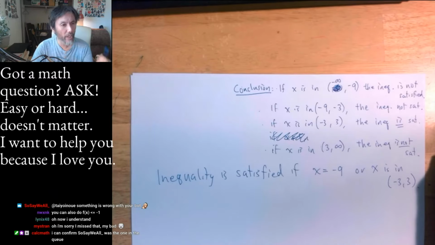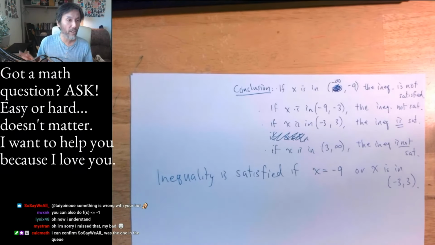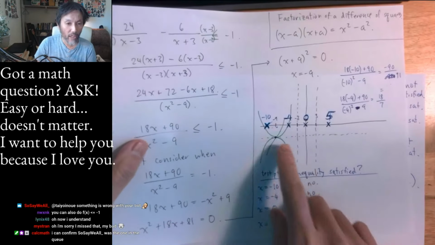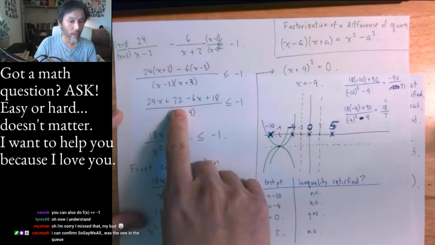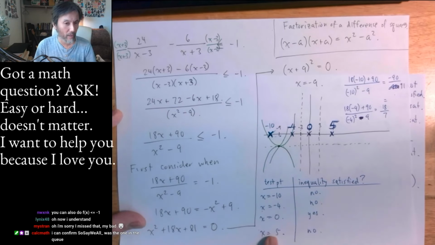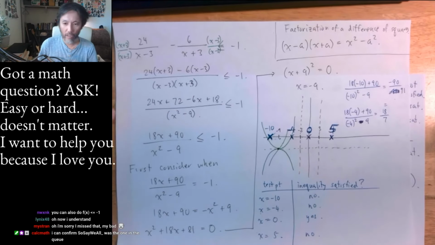And once you know the only locations where it can change, you can do this test point game to make the problem of solving the inequality into arithmetic. And arithmetic is hard, but it's doable, particularly if you have a calculator.